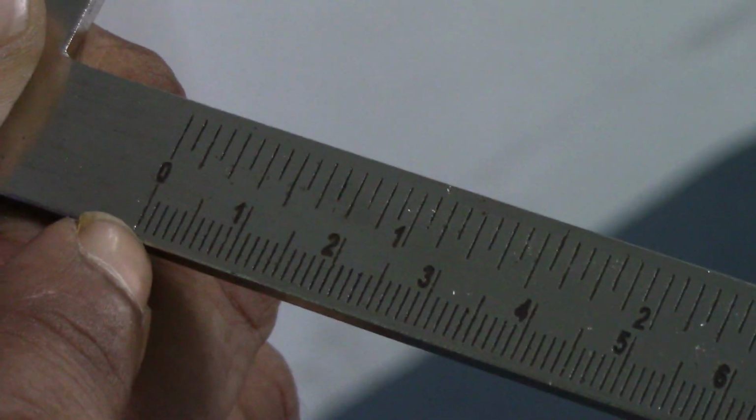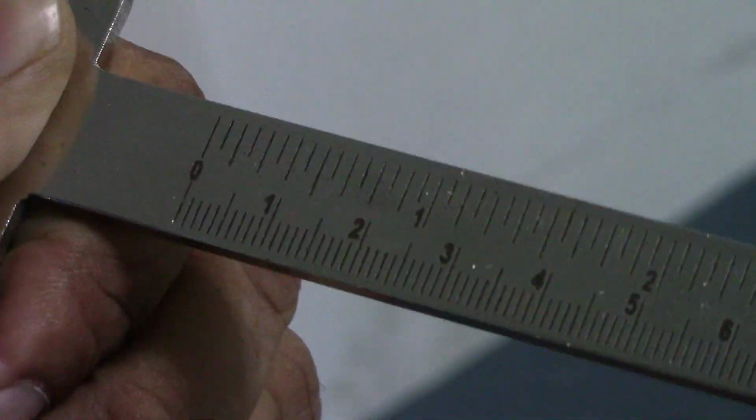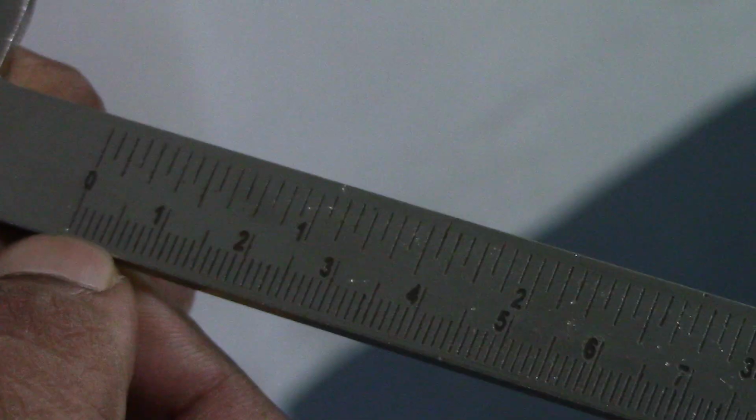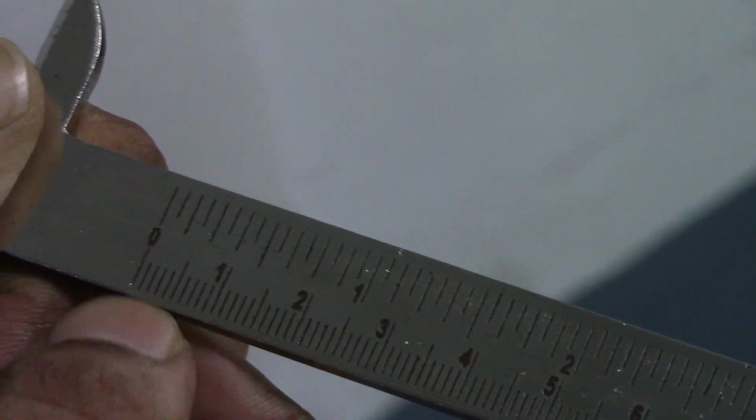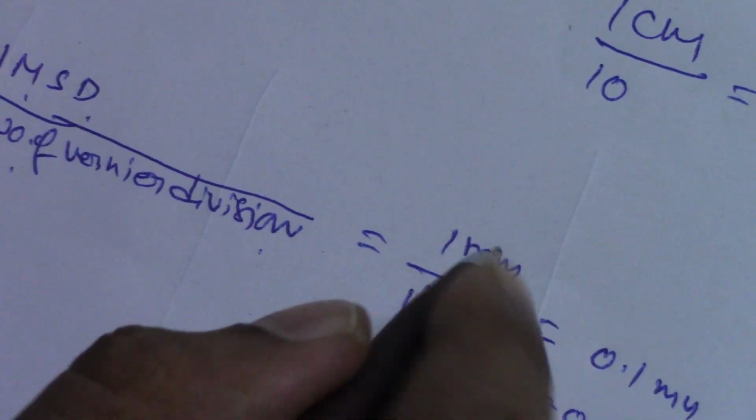readings, 0 or 1 or 2, the difference between 1 and 0 is 1 centimeter. 1 centimeter is nothing but 10 mm. This 10 mm is divided by 10 lines, which means 10 divided by 10 is equal to 1 mm. So one main scale division is equal to 1 mm.